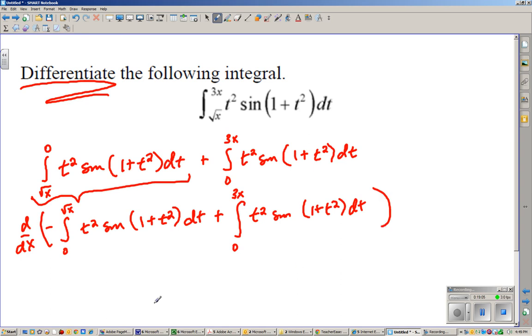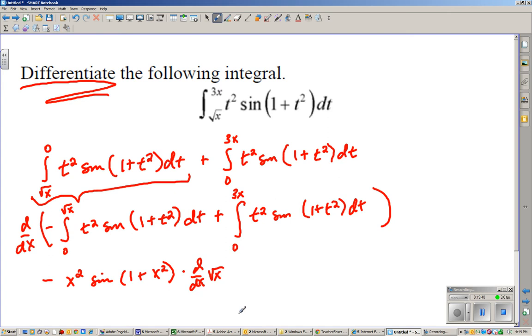And the derivative of the integral, well, we'll say, geez, we're going from 0 to radical x. Well, we'll just put radical x in there and square it and write the sine of 1 plus x squared. Now we have to multiply that by the derivative of radical x.